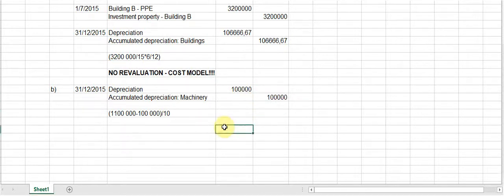The next step in revaluating is that we need to go and eliminate all the accumulated depreciation, and we need to write it off against the asset. So we will then, of course, debit the accumulated depreciation account.